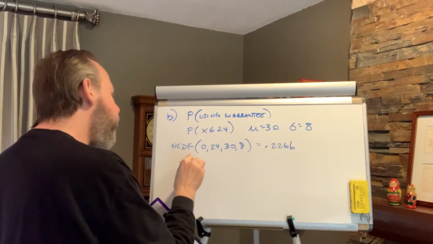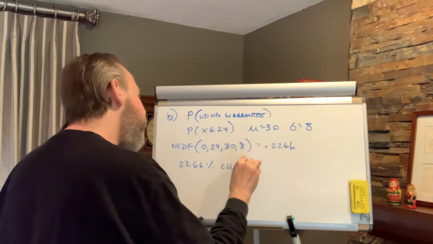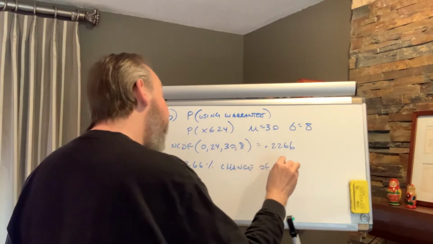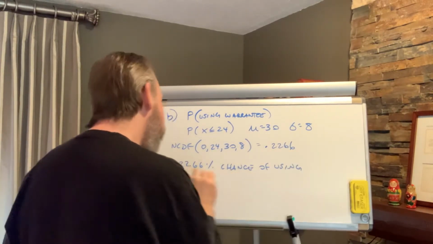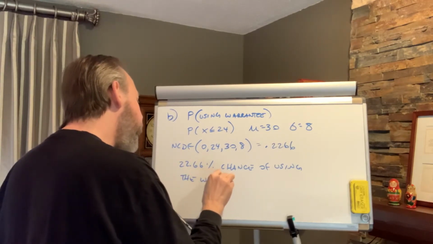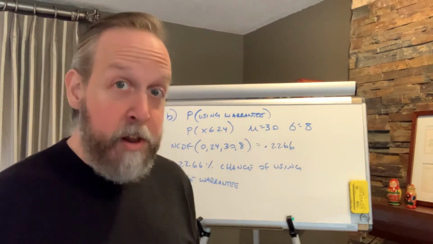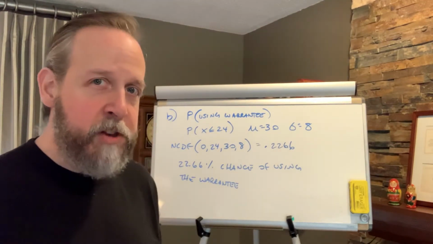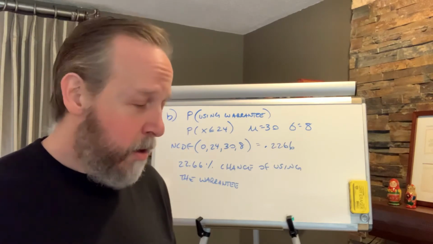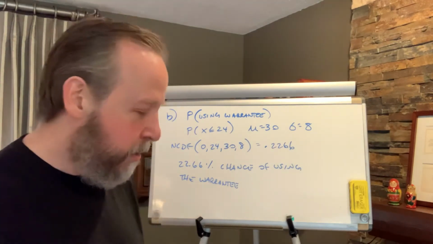So there's a 22.66% chance of having to use the warranty. Okay? So a person that buys that warranty for $50 has a 22.66% chance of having to use it. And of course, it saves the money if the battery dies before or while under warranty.